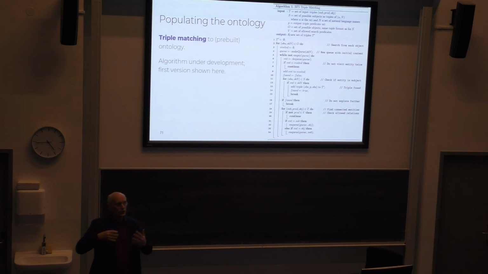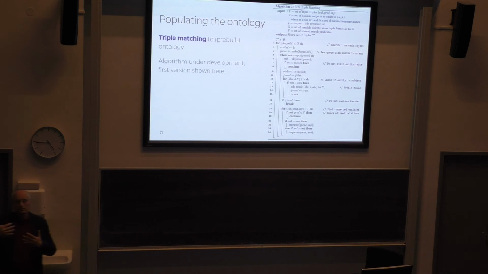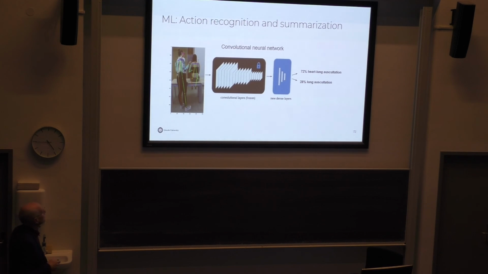We need to traverse two large graphs, about 1,000 on the one and about 100 on the other, to find the matches and to have this ontology matching really working. You see how this is currently working, and we see that many optimizations are possible.